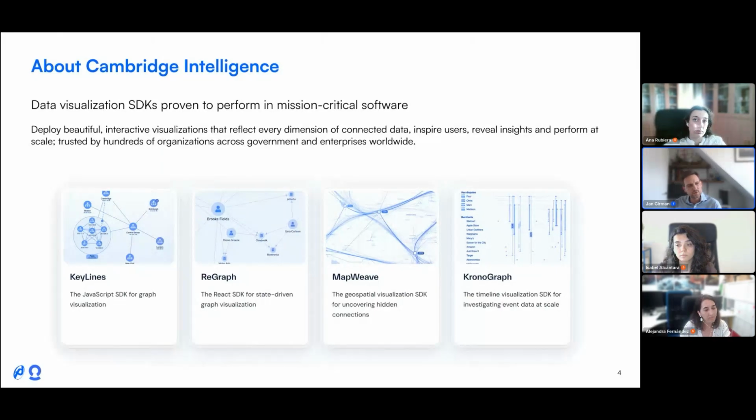And we've since then grown our portfolio, as you can see on the screen, to encompass 4 products to date, and they also now include geospatial and temporal or timeline visualizations as well. And our toolkits to date are used by hundreds of government and enterprise customers, as well as now a growing number of partners like Future Space across the world.